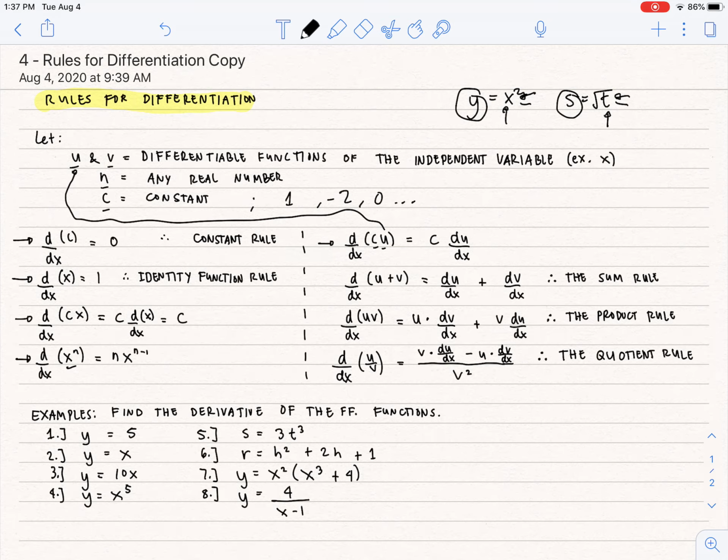So therefore, we can say that u contains the variable x. So, for example, our u here can be equal to x squared plus 1 or u is equals to x over 2 and so on. As long as u is a function that contains the independent variable x, kay x man ito ang i-derive dara. Okay?